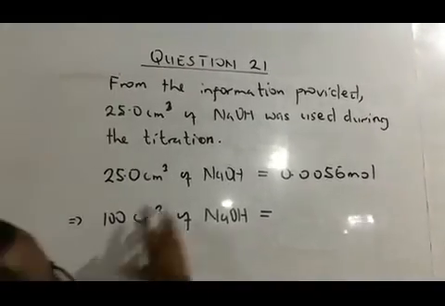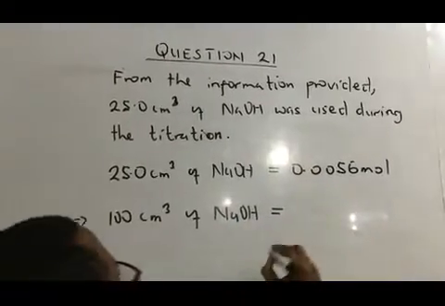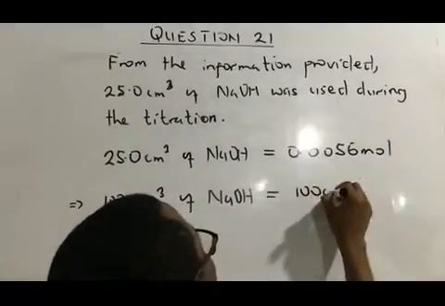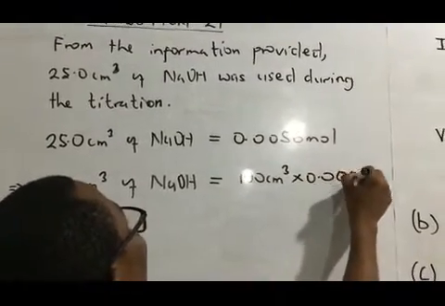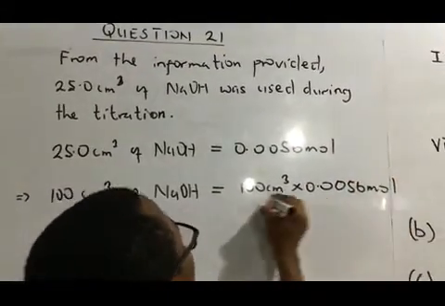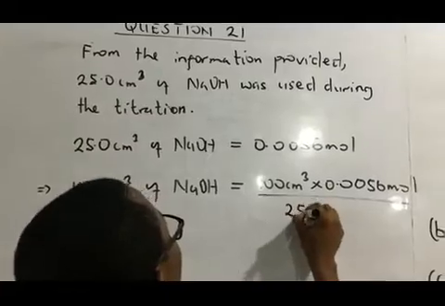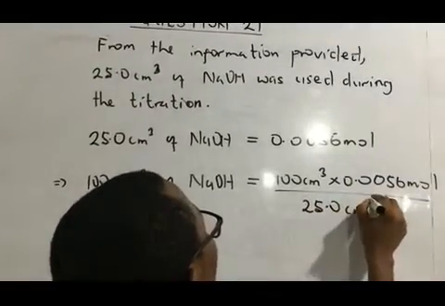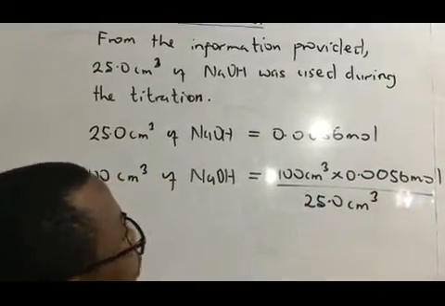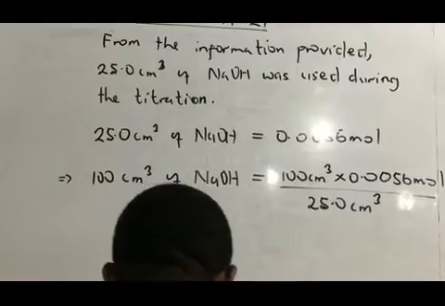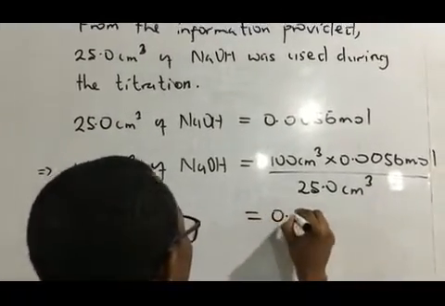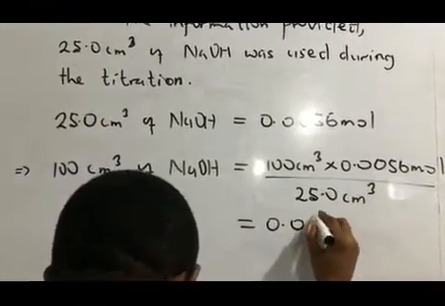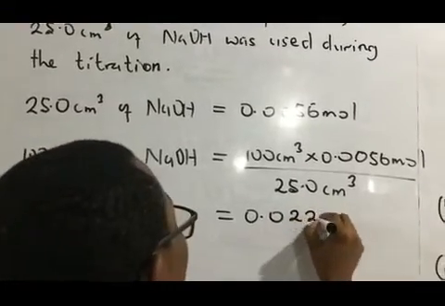So the 100 multiplies this, and then the 25 divides. So you have 100 cm³ times 0.0056 mole over the 25.0 cm³. The cm³ cancel out, and your final answer will give you 0.0224 mole.